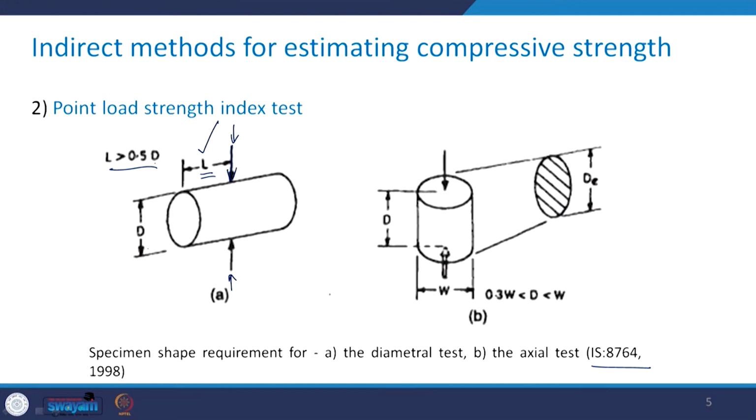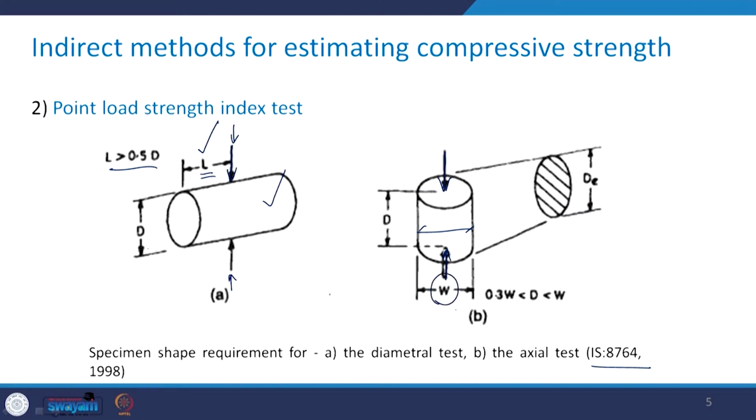So that's the shape requirement if you want to conduct the point load strength index test for such a shaped specimen. In case you have the axial test, here you see the loading is applied in this direction and the dimension is W in this direction, and D is its height. So you see that the equivalent diameter can be found out.